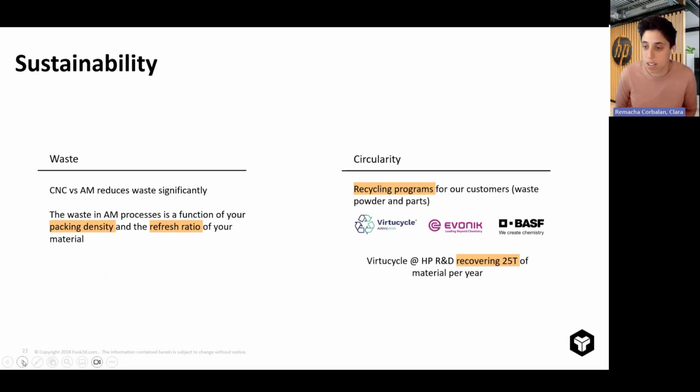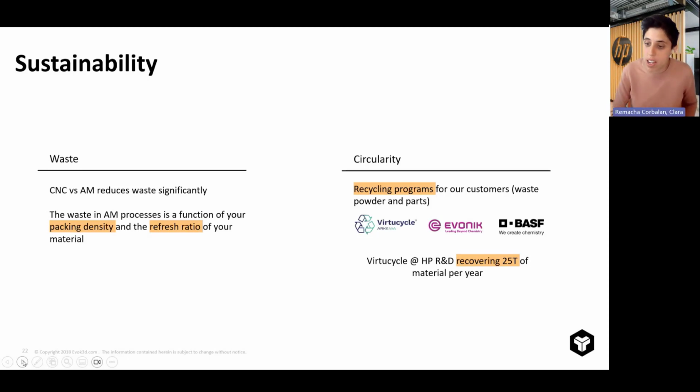One is waste. When you compare a traditionally manufactured orthotic device versus an additively manufactured device, the main difference is that in traditional manufacturing, you start from a block of material and then you're subtracting material. So the waste that you generate in the process is high, versus additive manufacturing, where you're basically only fusing the material of the final device.